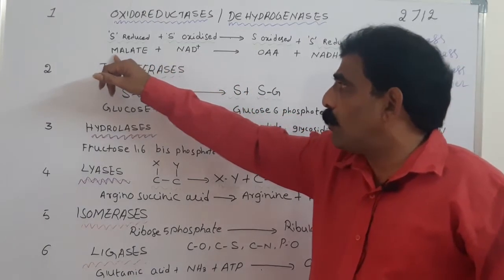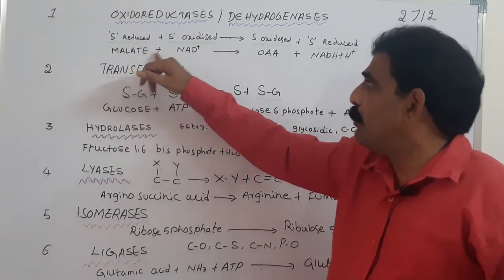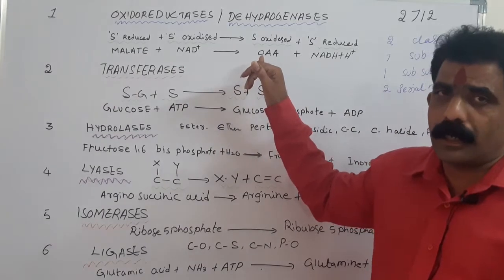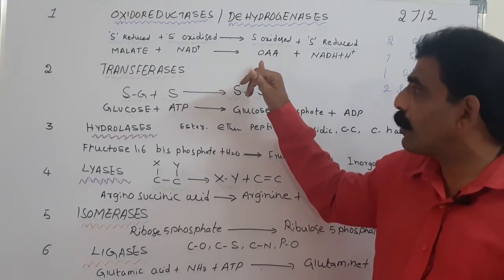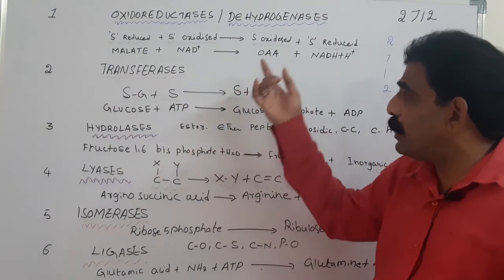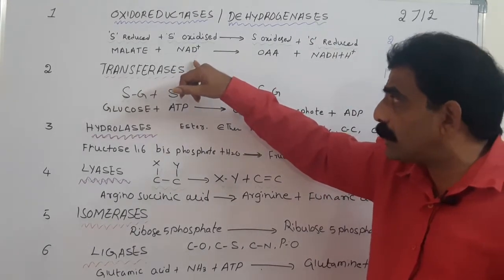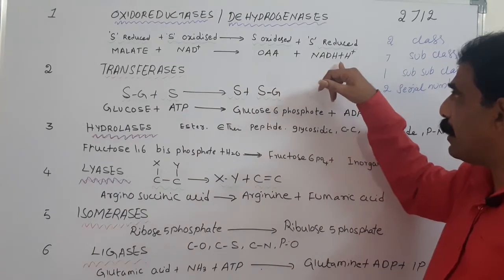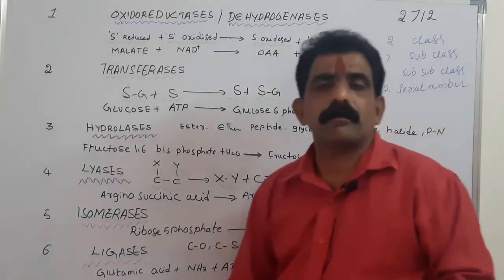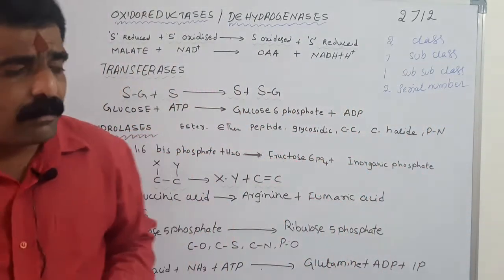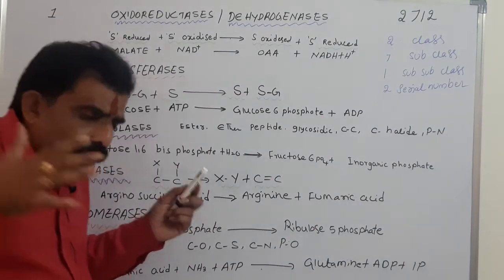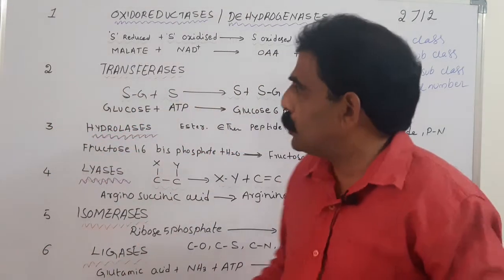So due to removal of H2, malate will be oxidized to oxaloacetic acid, and due to addition of that hydrogen to NAD+, NAD+ is reduced to NADH plus H+. So here what happened? One is oxidized and the other is reduced.